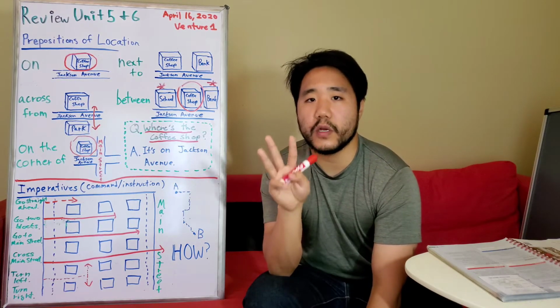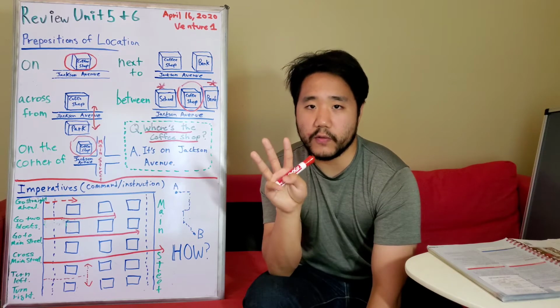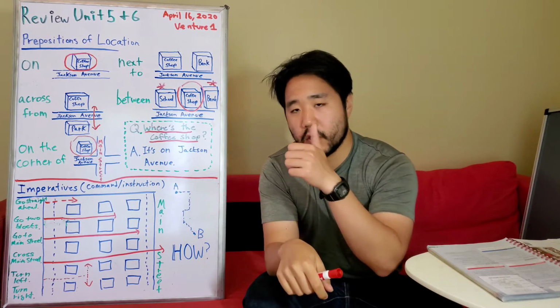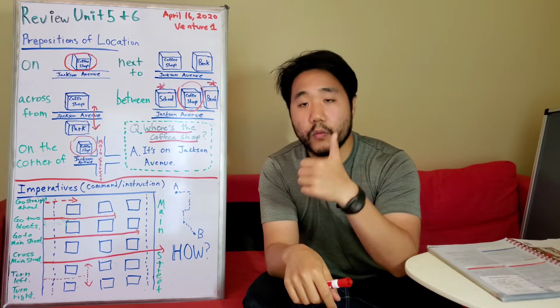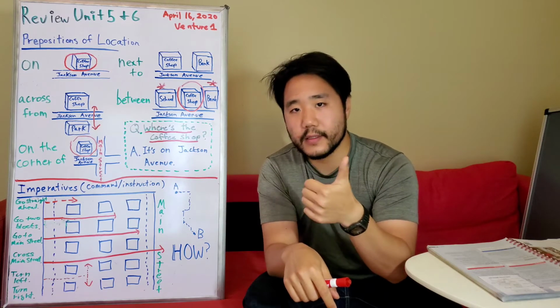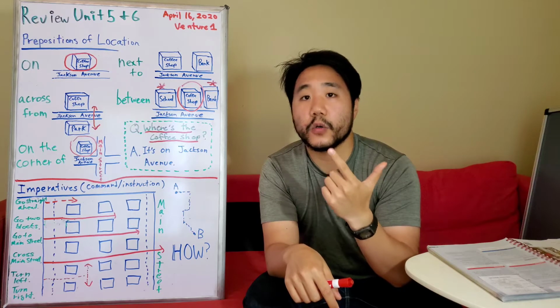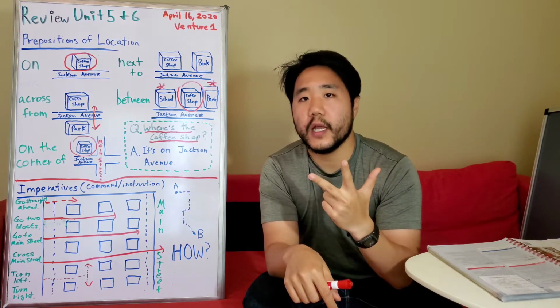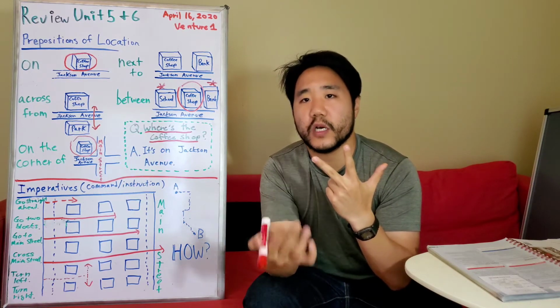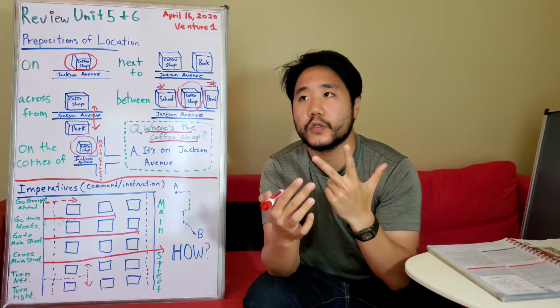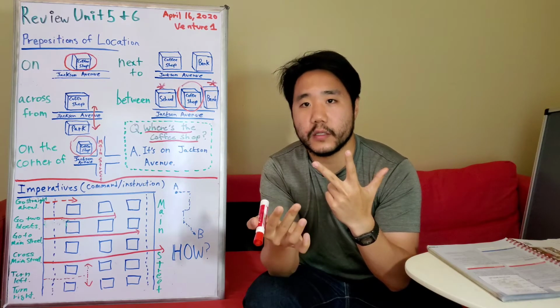So those are the three things that we learned in Unit 5. Once again, number one, identifying places. Number two, identifying location. And number three, how to give directions to that location or place, right?